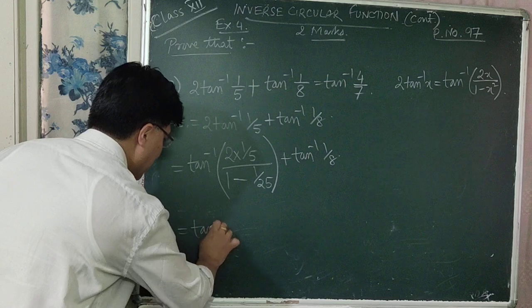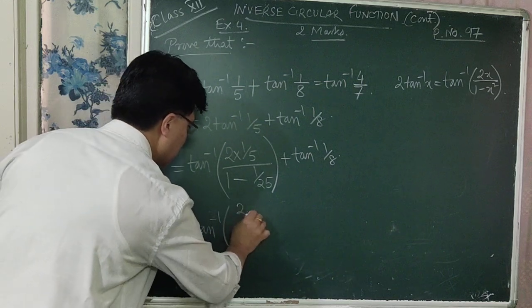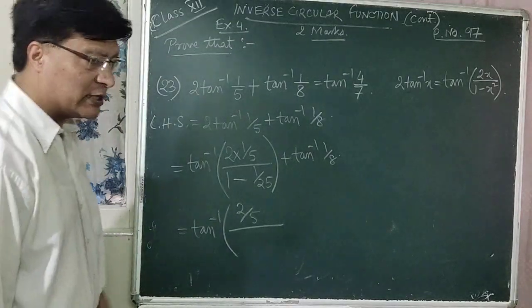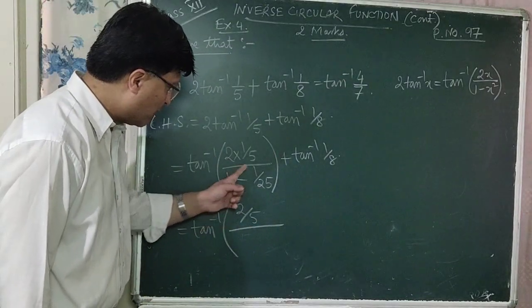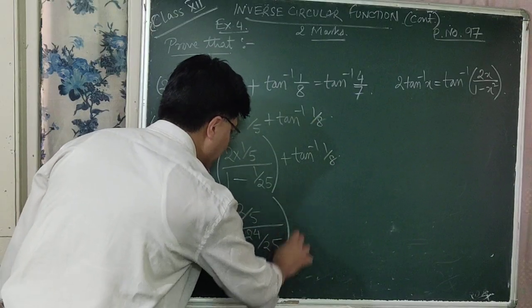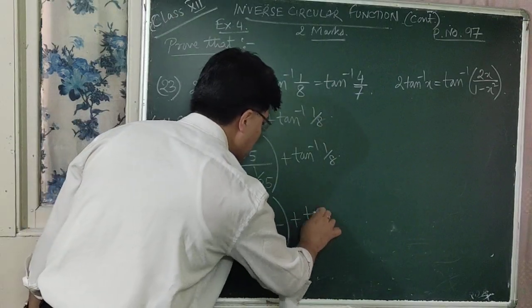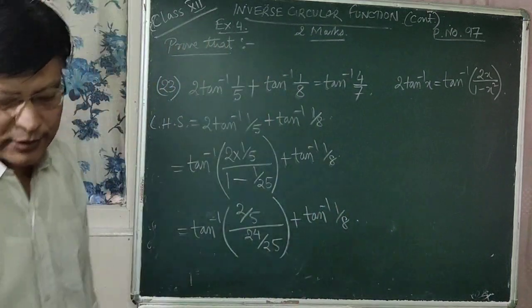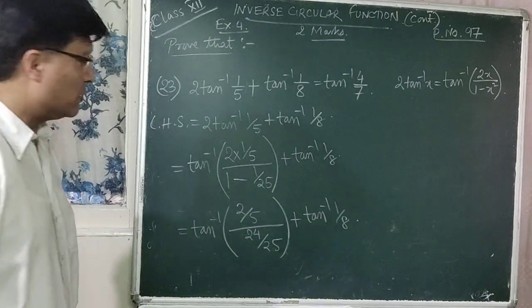It is equal to tan inverse, within bracket it is 2 by 5 divided by. Now simplify the denominator. 25 ones are 25 minus 1. It is 24 by 25. Then plus second term, keep it same. That is tan inverse 1 upon 8. Right?